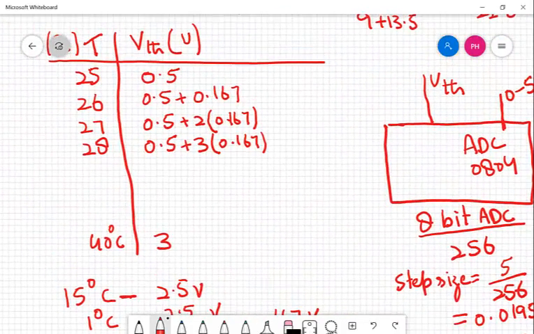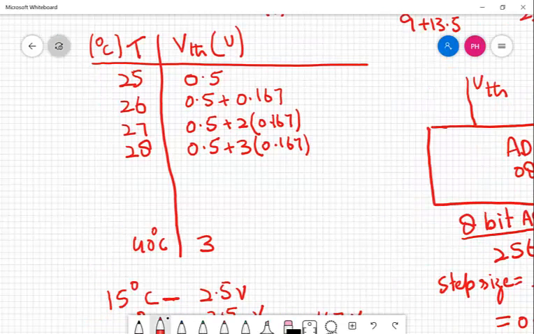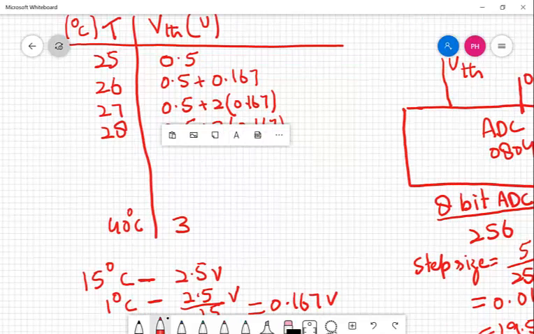This is the graph here, these are the numbers, this is the table here. Temperature changes, how VTH changes with temperature. So from this table we can deduce the equation between VTH and temperature.